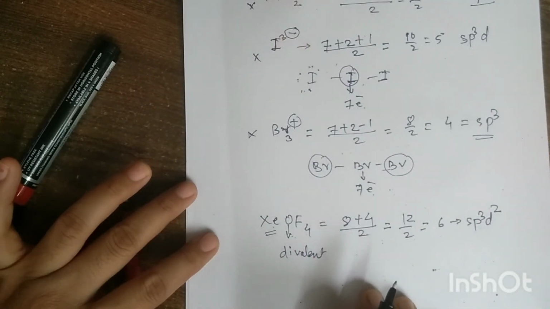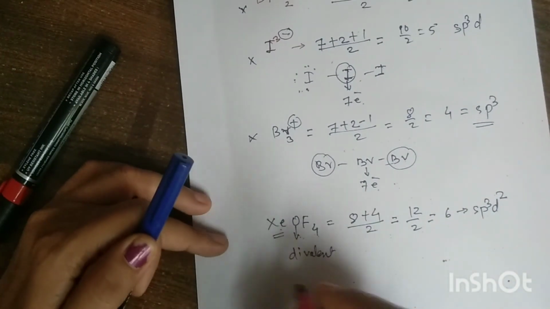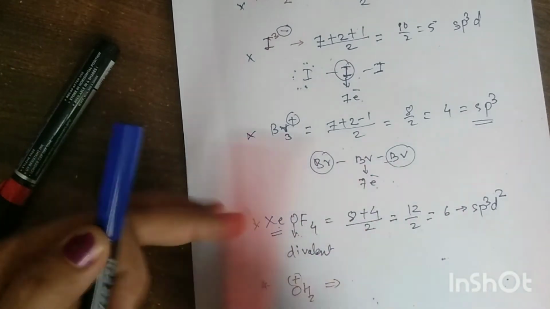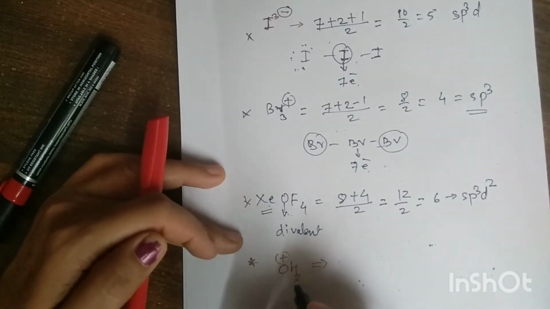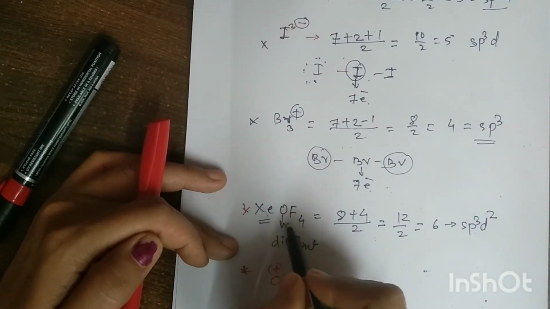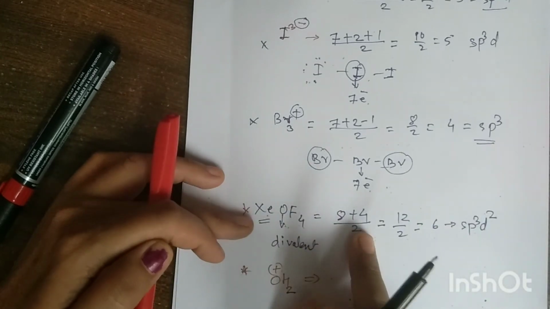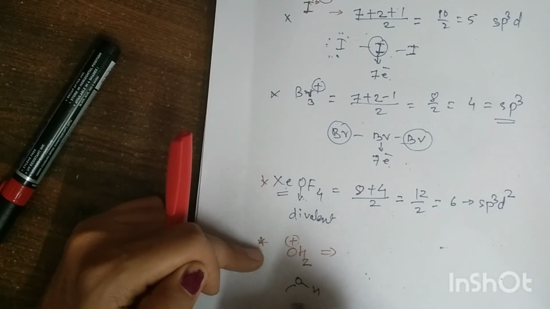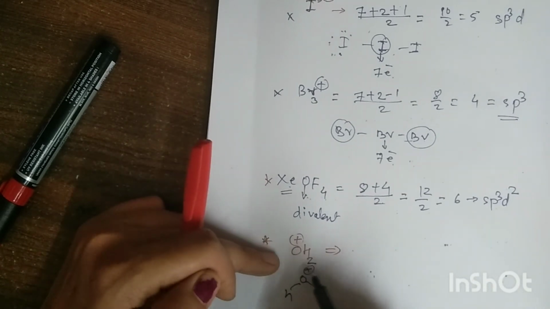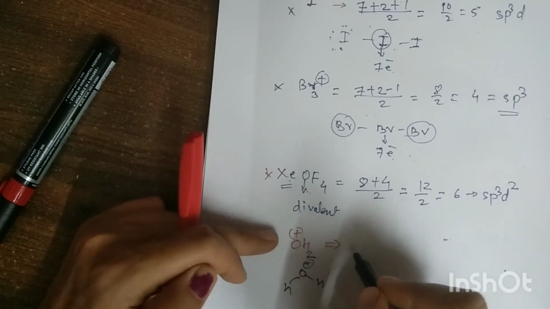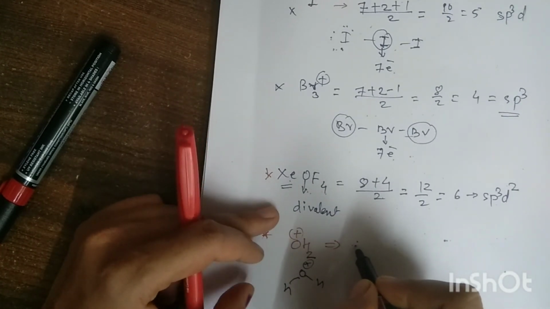Now the most important example is OH3 positive. This we can also find by this formula. In the previous example we did not count oxygen because it is a divalent species, where xenon was the central atom, but here oxygen is the central atom. So we take the oxygen valence electrons, that is 6.